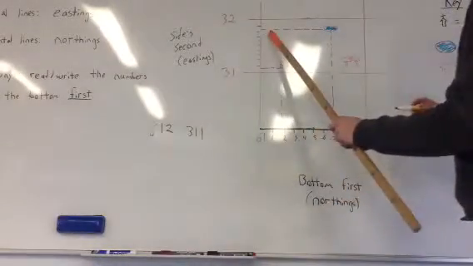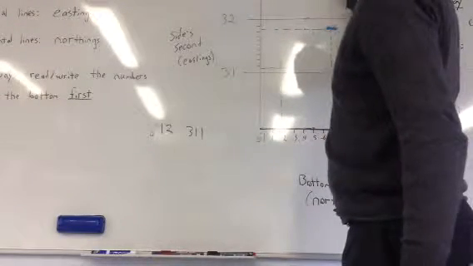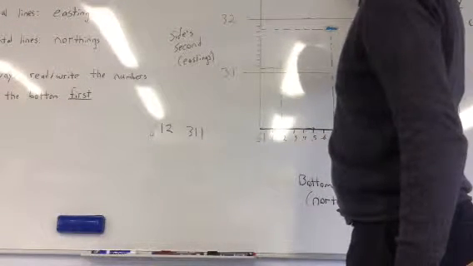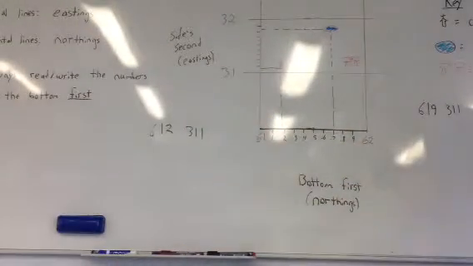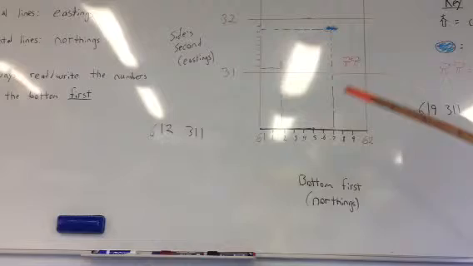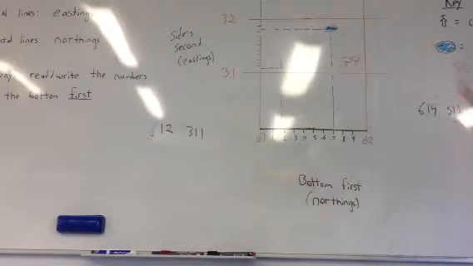It's really close to 9, so it would be 3, 1, 8. The grid reference for the lake is 617, 318.